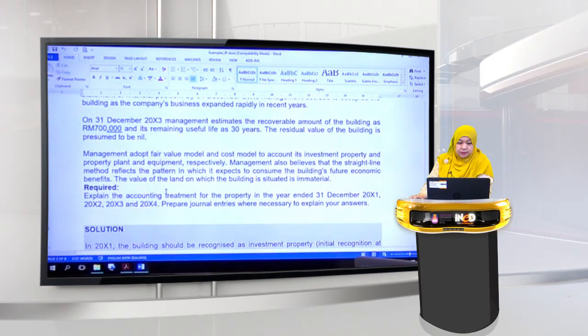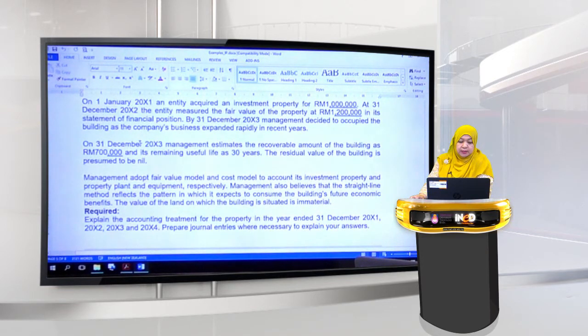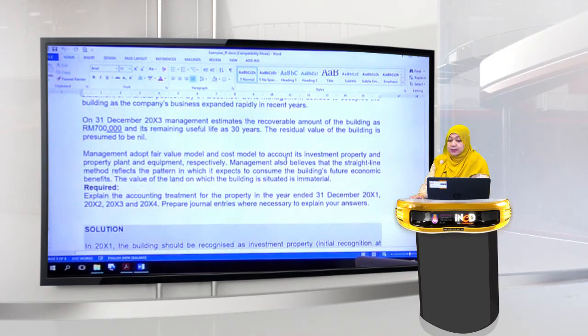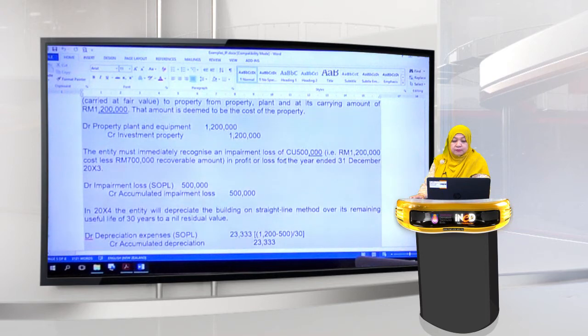Now when we look back at the question, they say that on 31st December 2003 there is a recoverable amount of the building of 700,000 and the remaining useful life is 30 years. Because we have reclassified the investment property to property, plant and equipment, and we find that the value has reduced to 700,000, that is the recoverable amount.